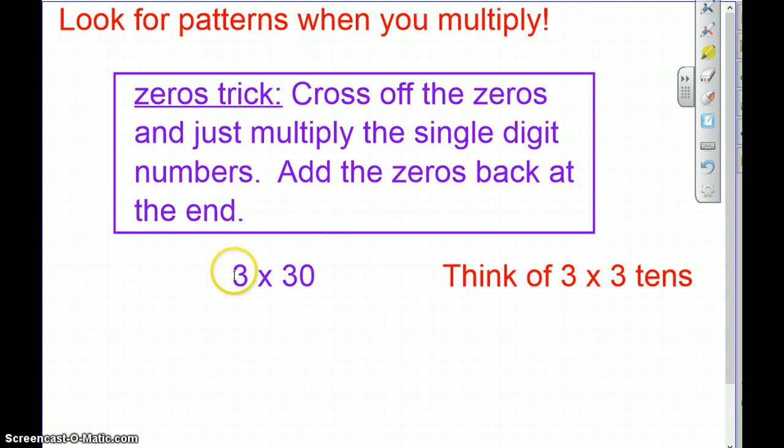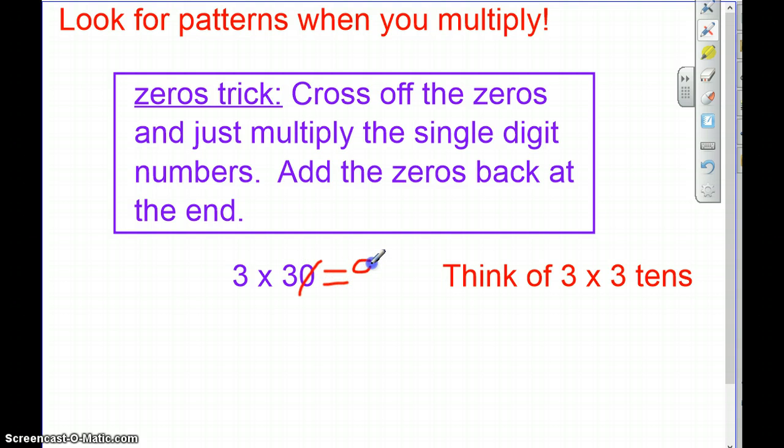For example, if we were multiplying 3 times 30, 30 is kind of a big number. What I want you to do is cross this 0 off and think of it as multiplying 3 times 3 tens. Well, we all know what 3 times 3 is. 3 times 3 is 9.